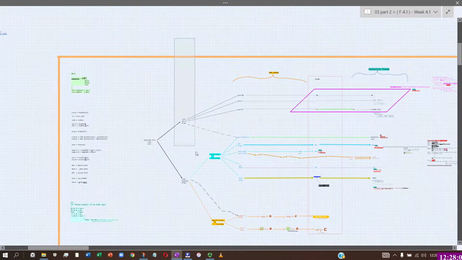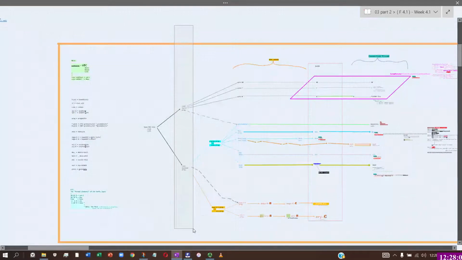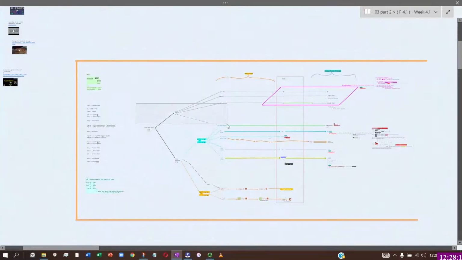So think of vertical columns, and this is how things progress in terms of differentiation of the stem cell. The differentiation is going that way, from left to right.